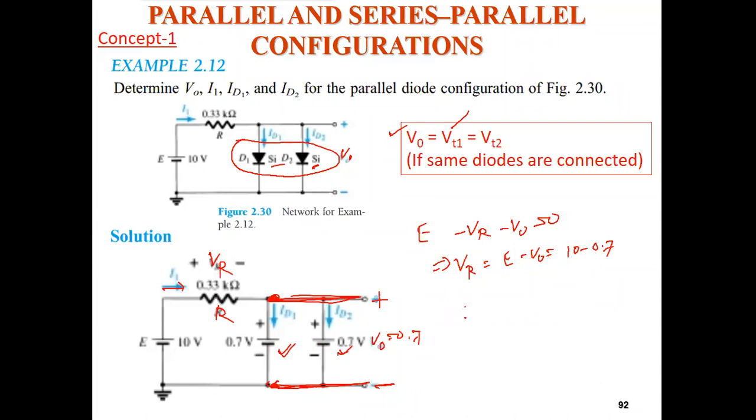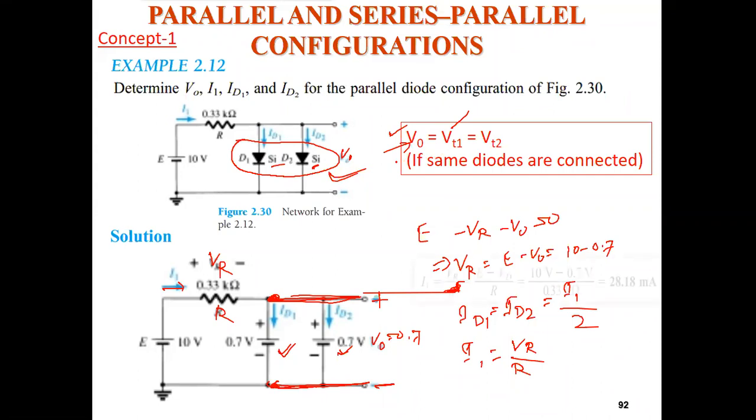So how will we calculate I1? Above we calculated VR, so VR divided by this R. So here the concept is that if both the silicon diodes are the same, then your V0 will be equal to VT1 or VT2.